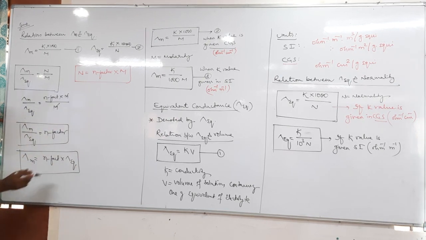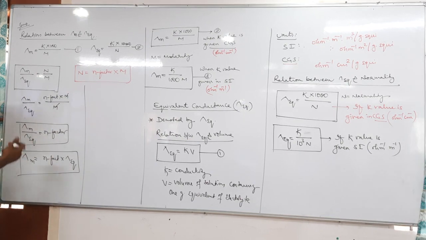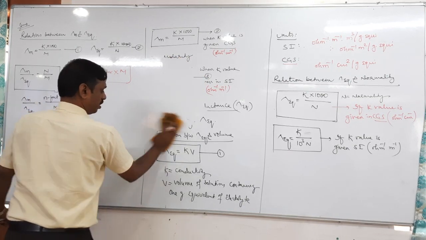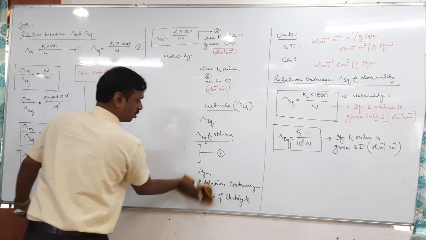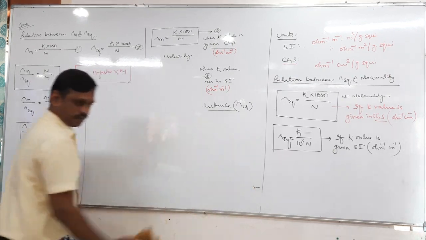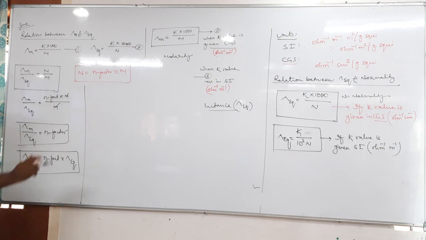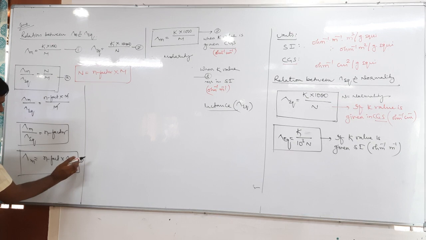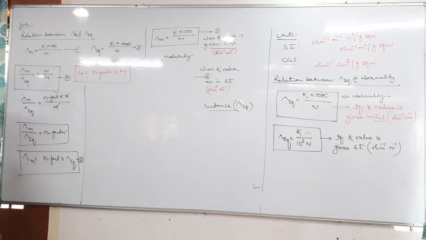It means if you know lambda m, you can get lambda EQ. If you know lambda EQ, you can get lambda m. So interconversion is possible. There was one question given in JEE on the relation between lambda m and lambda EQ. They have given three options, option A, option B, option C, and the fourth option is D, all of these. All was the right answer.